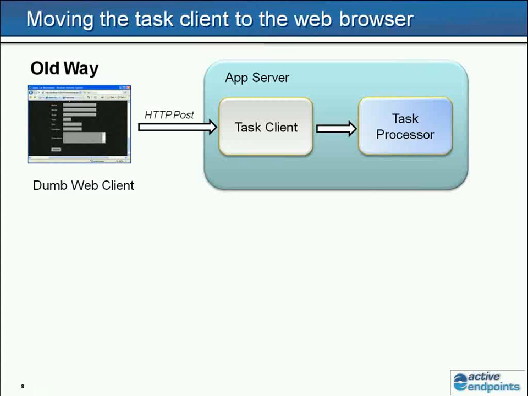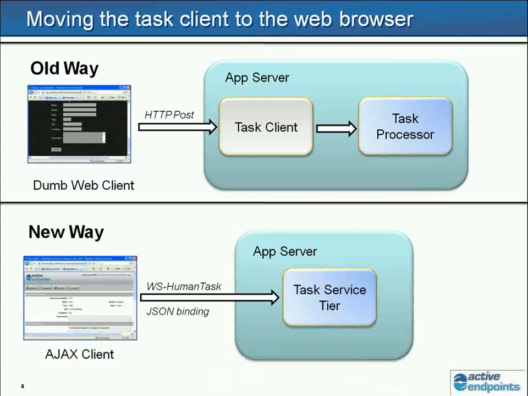In the 7.0 line, we are actually moving toward a new approach, which is to take advantage of the fact that web clients are getting much more capable. They can actually, through AJAX, be the task client.